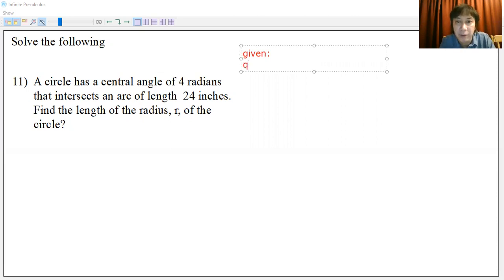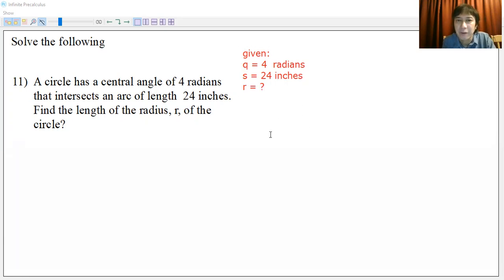This is equal to 4 radians. What else do we have? That intersects an arc of length 24 inches. For the arc, a unit of length, we usually use S, and this is 24 inches. The question is to find the length of the radius, so we're looking for R.